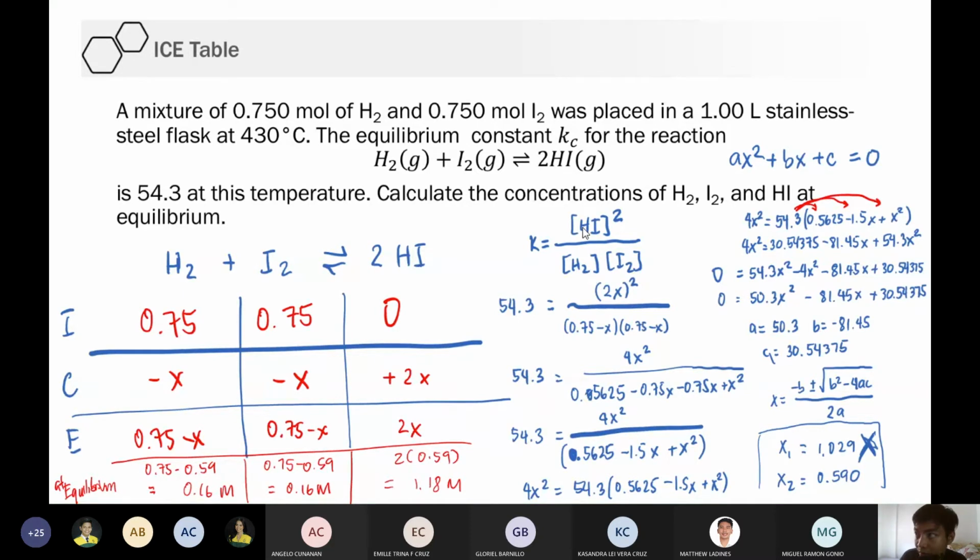Dapat ang makuha mo na value ay 54.3. Or pwede rin may subtle change sa decimal kasi nag-round off tayo. Pero as much as possible, near this value yung makuha mo sa K kapag pinlug in mo yung equilibrium concentrations dito sa K. Okay? So, ganun lang.